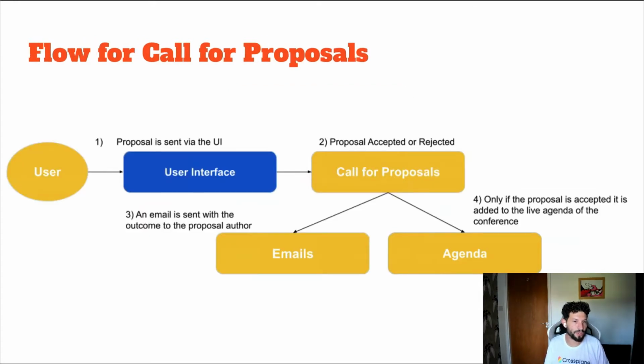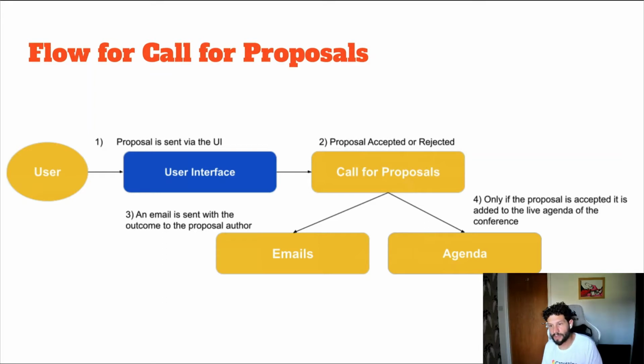So we go into the application user interface as a potential speaker, we submit a proposal, that proposal goes to the call for proposal service, and there the conference organizers can accept or reject the proposal. It doesn't really matter if you get accepted or rejected, an email will be sent by the email service. So the authors, the potential speakers, are notified if they got accepted or not.